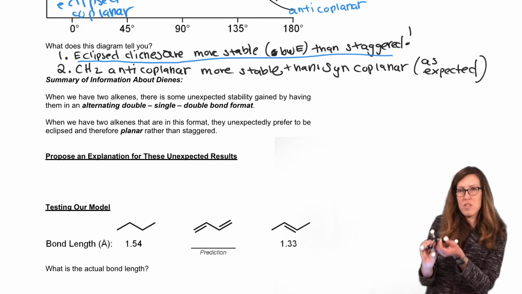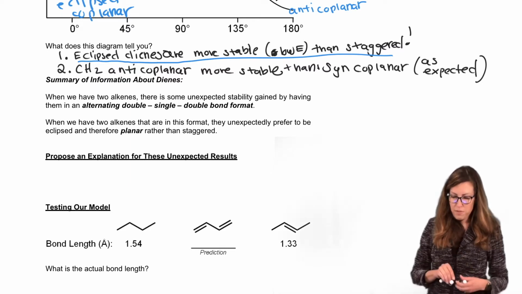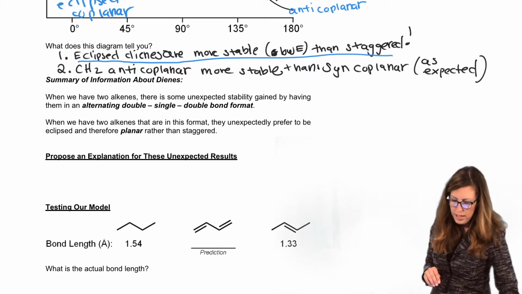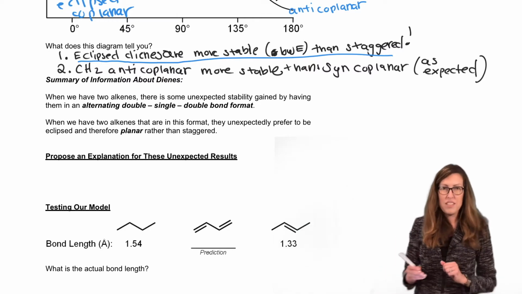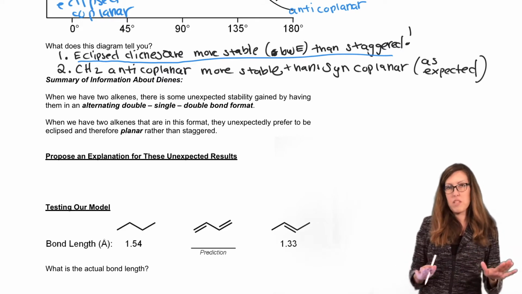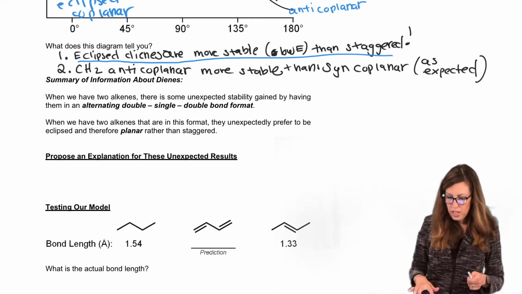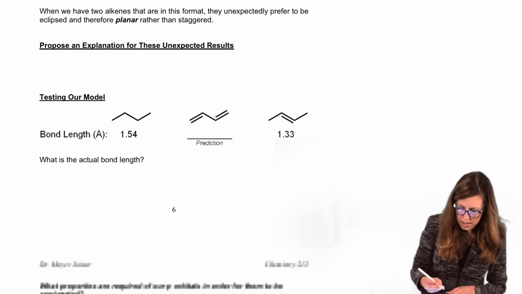It's not worth disrupting the conjugation in order to achieve more room for sterics, as we see in the energy profile. Okay, so keep that in mind. We're going to keep them planar. So the groups are in the same plane. The two alkenes stay in the same plane, even if it means they're more sterically hindered. All right, so I'm going to write that down here.